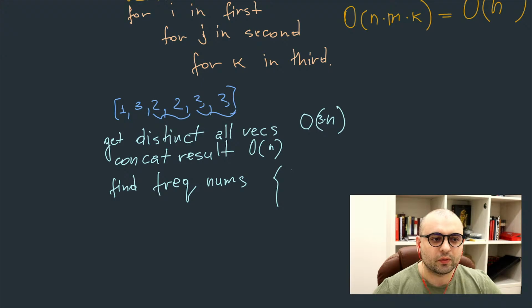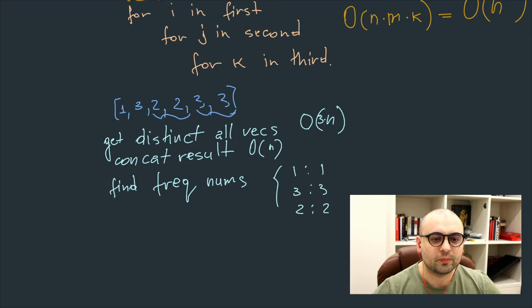For example, in our case, we'll have 1 having 1 count, 3 having 3 counts, and 2 having 2 counts, because here we have 1, 2, 3 threes and 2 twos.